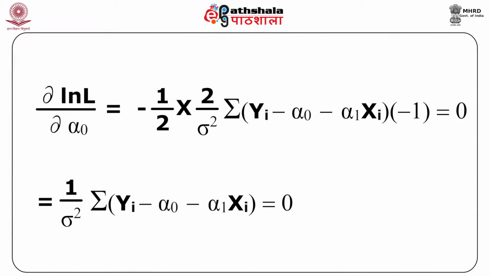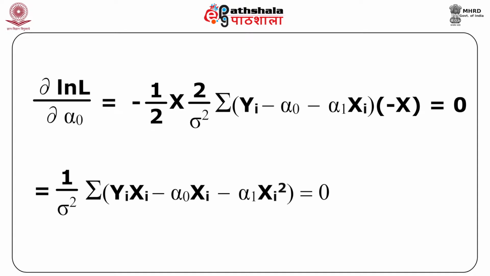Differentiating this, that is log L, with respect to the three unknown parameters alpha naught, alpha 1, sigma, and equating it to 0, we get d log L divided by d alpha naught is equal to minus half into 2 by sigma square sigma (yi minus alpha naught minus alpha 1 xi) into minus 1 equal to 0, which is equal to minus 1 by sigma square summation (yi minus alpha naught minus alpha 1 xi) equal to 0.